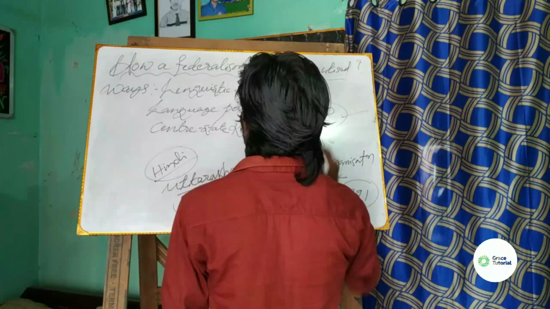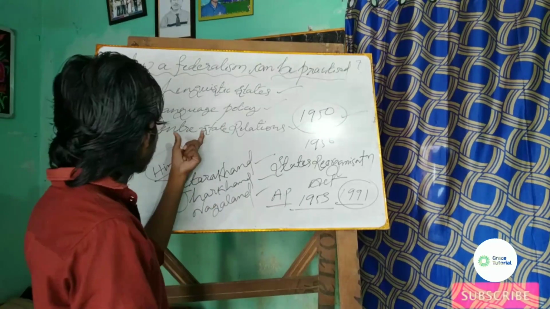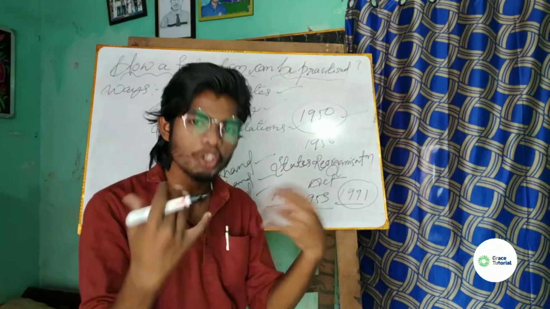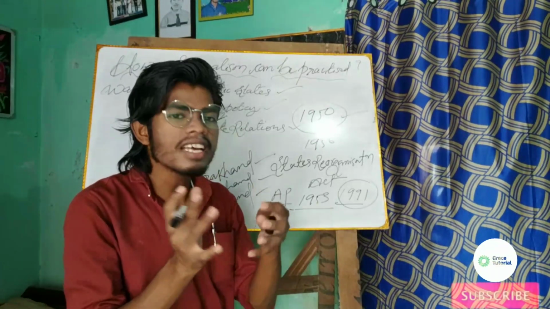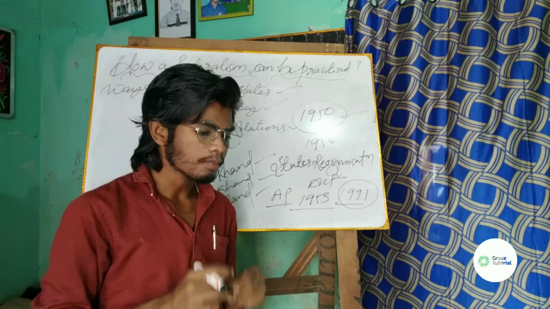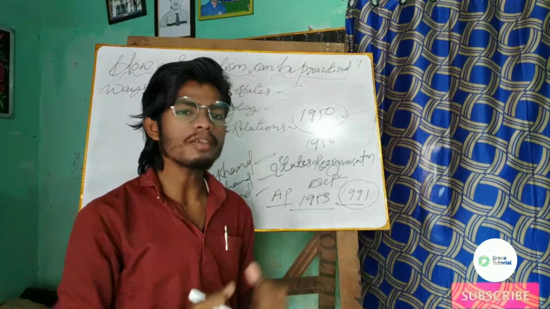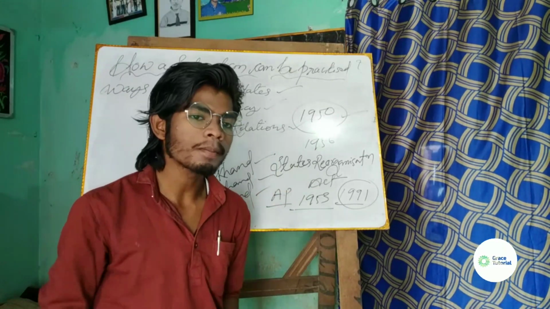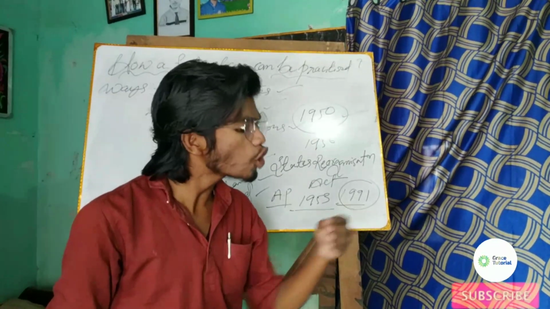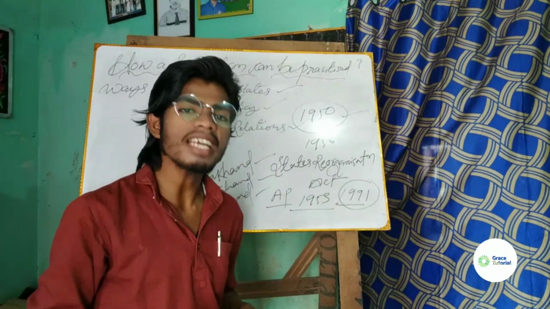And the next way that federalism can be practiced is center-state relations. And it is very important for us to know what the center-state relations are. Well, my dear students, listen to me very carefully. The Constitution divides the power, that is the legislative power and the executive power, between the center and the states.